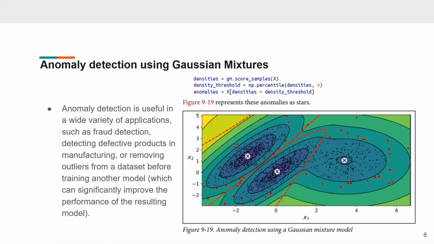If you could remove them, you could significantly improve the performance of the resulting model. I assume you already have some experience with that. So let's see, if you define a certain percentile, in this example, you labeled 4% of your data as anomalies.